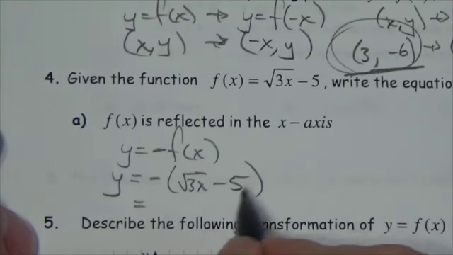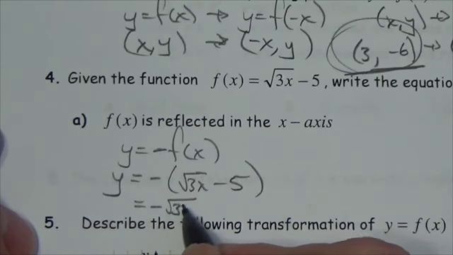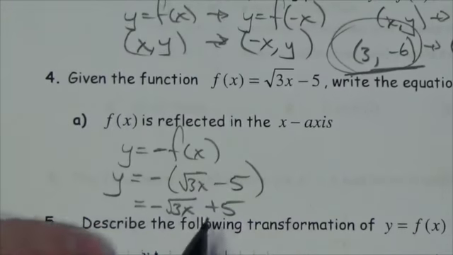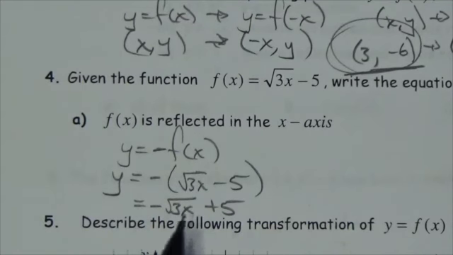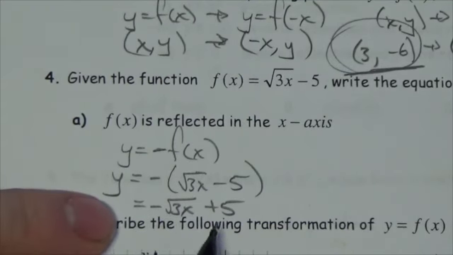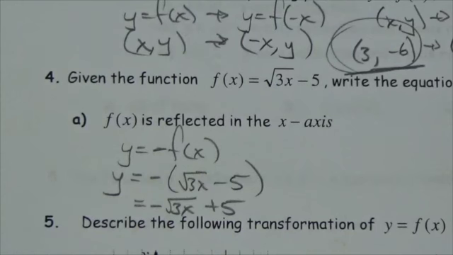Now, once that's done, I need to distribute the negative to both of those terms, and I get negative root 3x plus 5. So it's not just a change in that first term, okay, and a lot of people will get confused by that, but it's a change in both of them. In fact, that's how I can recognize very clearly that this is a vertical reflection on that function.